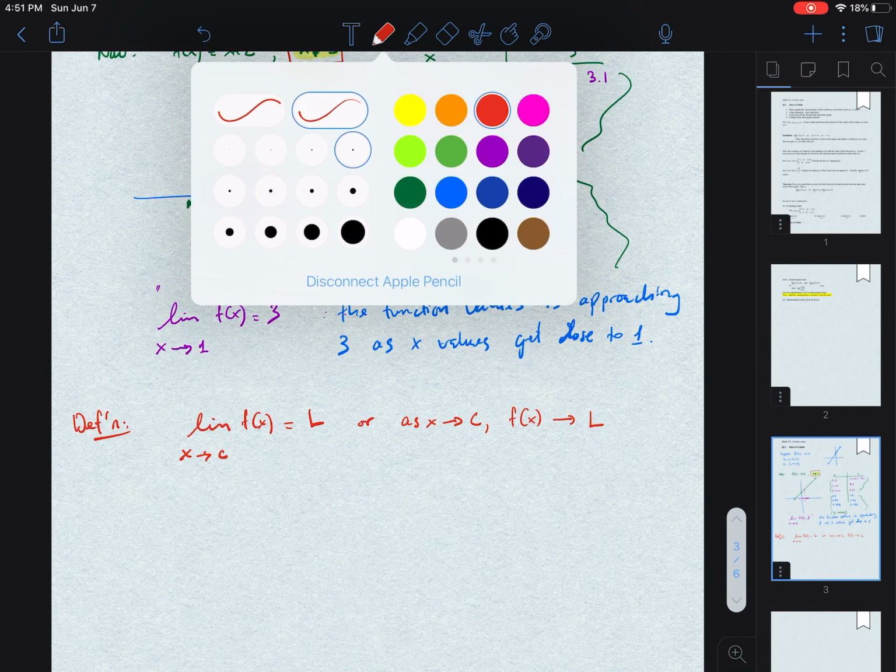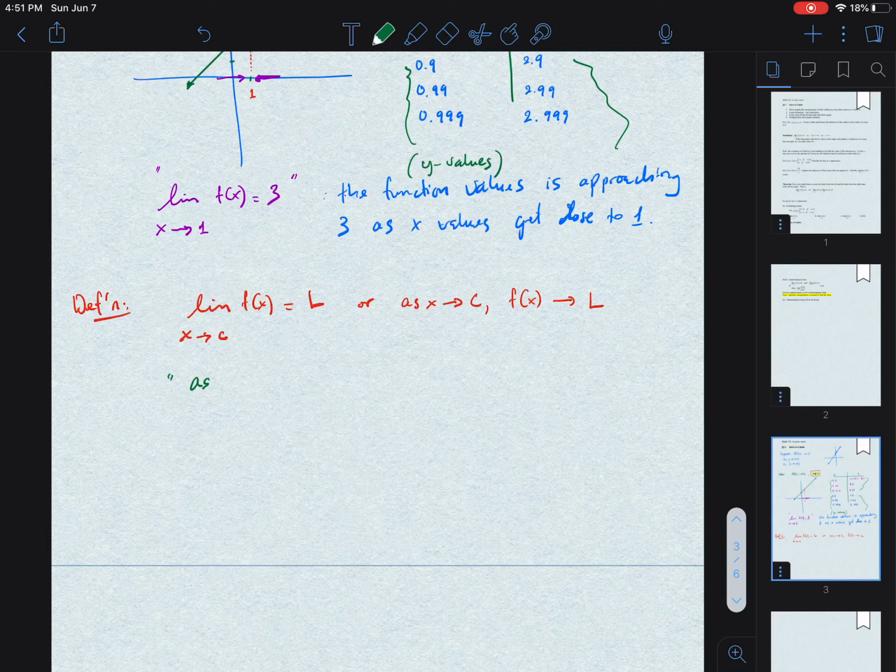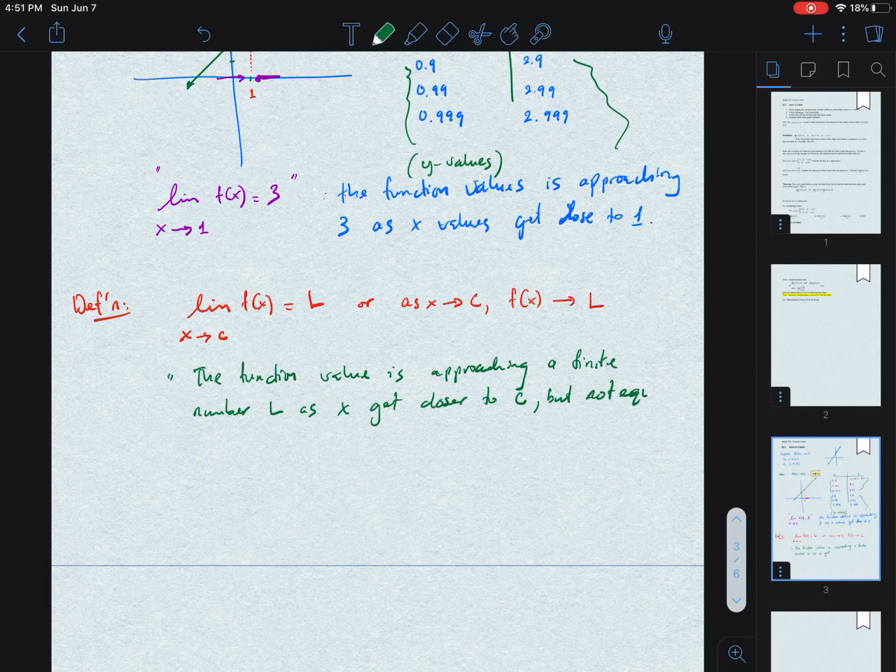So this means the function value is approaching a finite number L as x gets closer to c but not equal to c. So that's the limit.